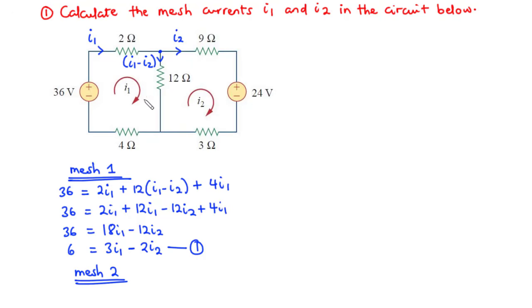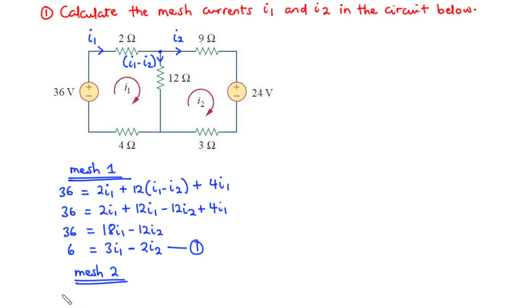So in this case, clockwise. Now once we are taking the clockwise direction for mesh 2, you realize that we have the positive terminal pointing upwards, which means that current is supposed to leave the positive terminal of the voltage source, and that is going to oppose the flow of the mesh current. Hence this voltage source is going to be negative.